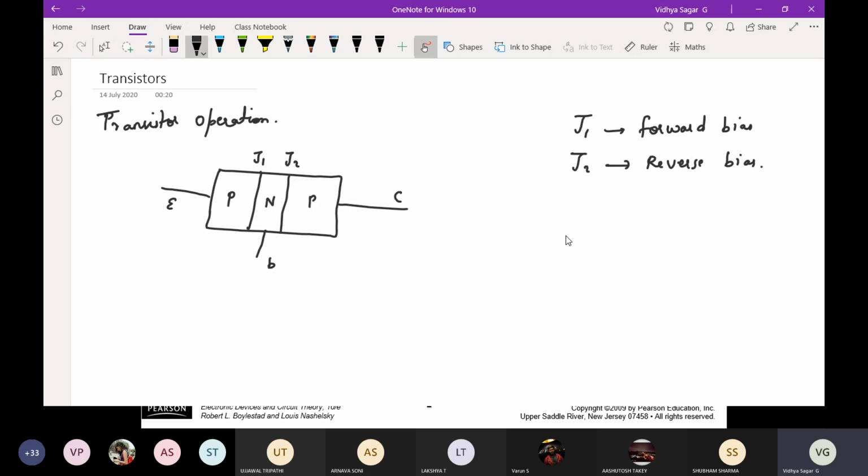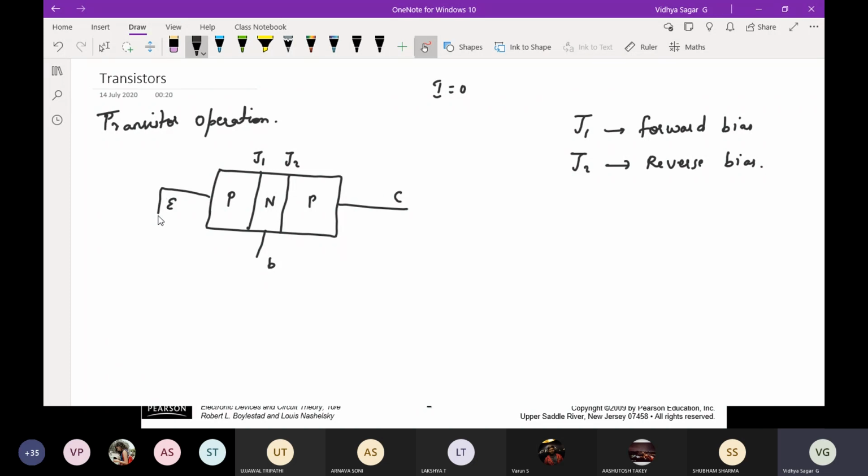If both junctions J1 and J2 are reverse biased, I could directly say the current is 0. Why? Because the depletion region will block the flow of charge carriers. Am I right? So initially I'm going to make sure that junction J1 is forward biased.